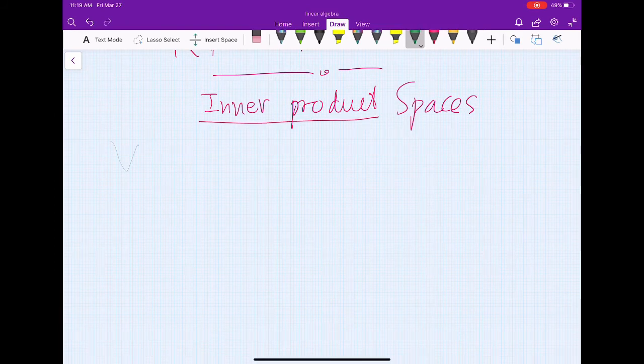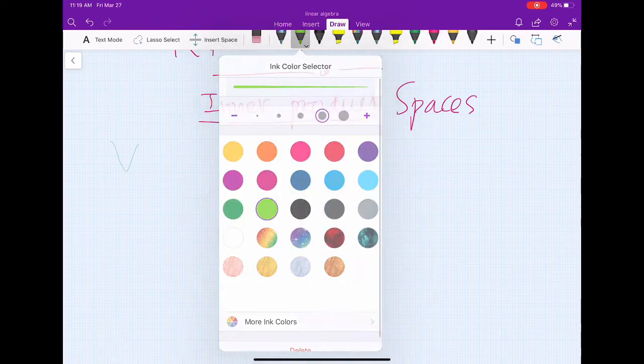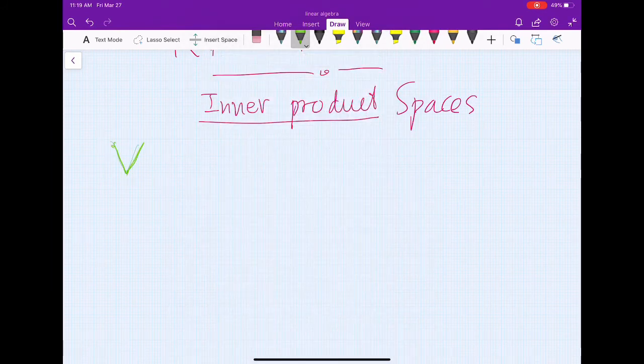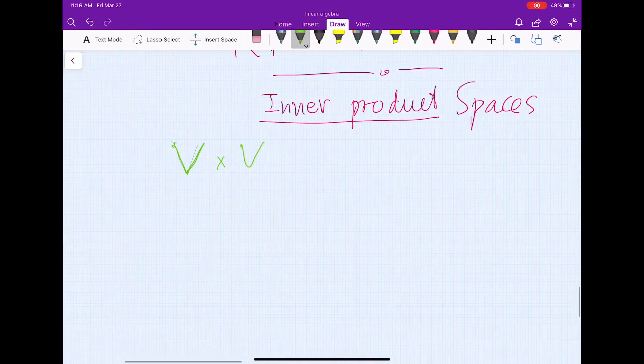If you have some vector space V and you consider some map from the Cartesian product V times V to R. I consider just R. Sometimes you can consider C, but if you do, some properties will change. This map should satisfy three properties.